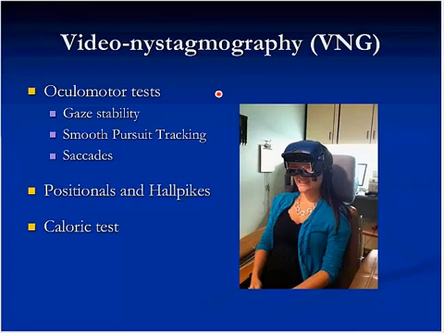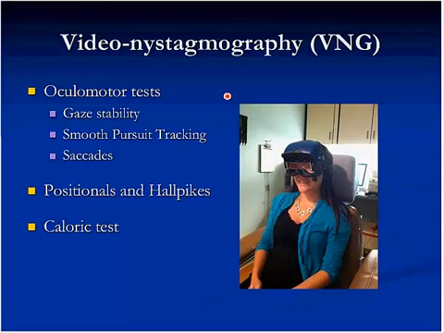There's a whole host of problems with ENG testing, but one of the biggest ones is that we would miss a lot of the torsional, the twisting eye movements that come with positional vertigo and also with some central problems. So with VNG, we're looking at the ocular motor function of the muscles and nerves and pathways through the brain that control certain types of eye movements.